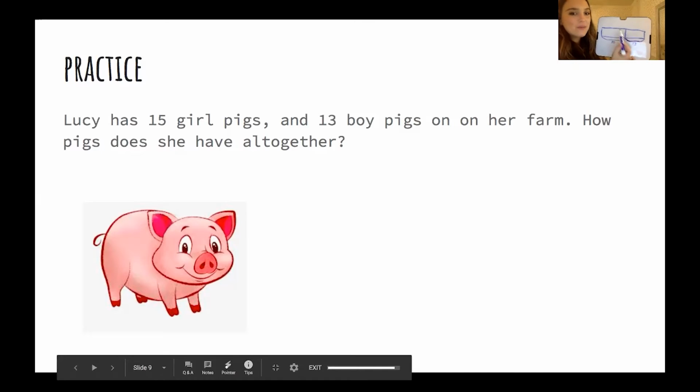Now let's draw in our little dots just to help us. Ready? Count along with me. 1, 2, 3, 4, 5, 6, 7, 8, 9, 10, 11, 12, 13. Awesome, guys.